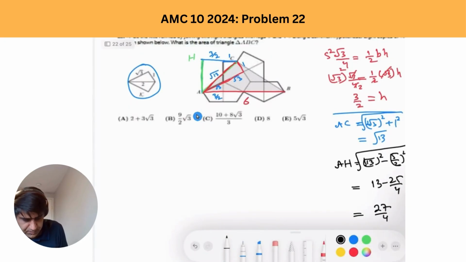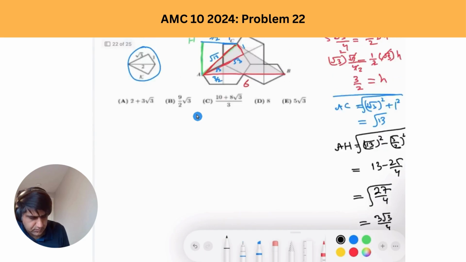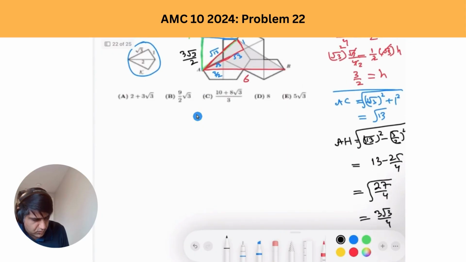So this is the square root of 27/4, right? Or I can then write it as 3 root 3 over 2. This is the height that I get, over 2, not 4.